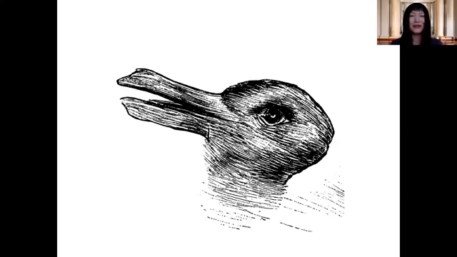Probably you already have an answer. Can you see a rabbit head? And can you see a duck head? If you can't see either of them, you can spend some more time looking at this image. So this is another example of showing you multiple realities.